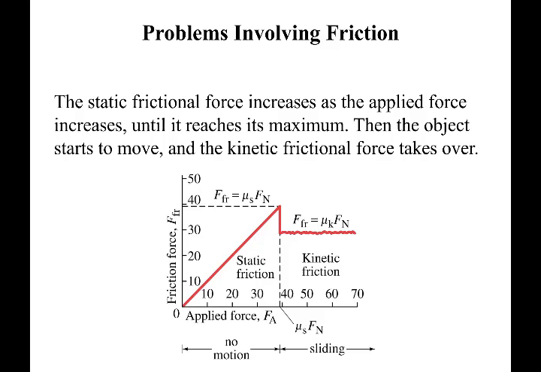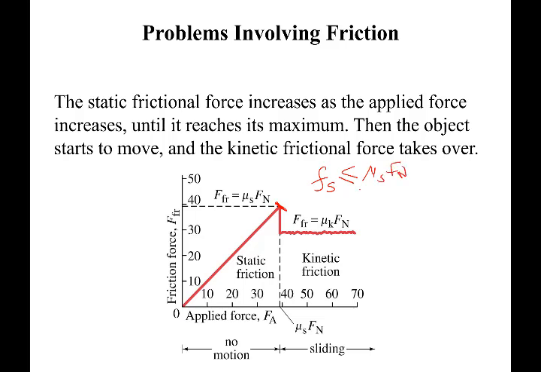It's interesting to note how to solve problems for force of friction. The static frictional force keeps on increasing as the applied force is increased until it reaches a certain maximum value, and that is why static friction is less than or equal to mu s Fn.